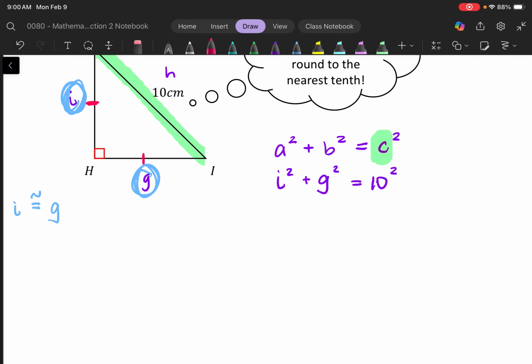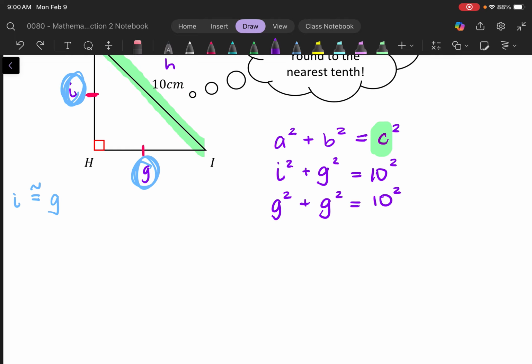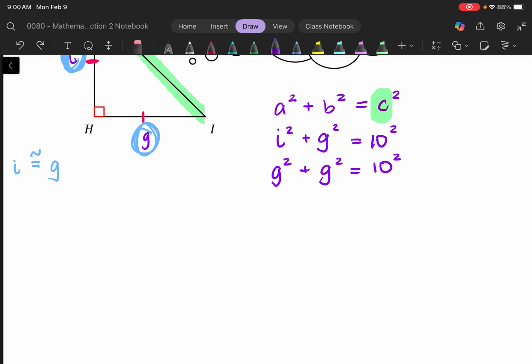So on this next line, instead of writing I squared plus G squared, I'm going to write G squared plus G squared, because the number for I and the number for G would be identical. So I'm just going to represent them using the same variable. And I could only do this because those two side lengths are congruent, and I could tell using these matching tick marks. Now when I do that, it actually allows me to solve the rest of this.